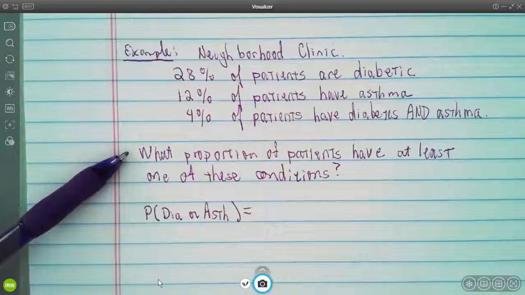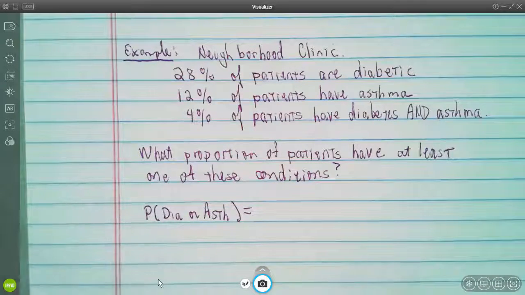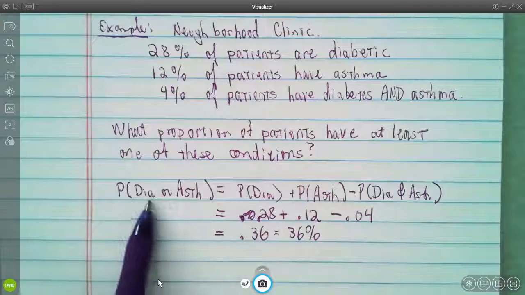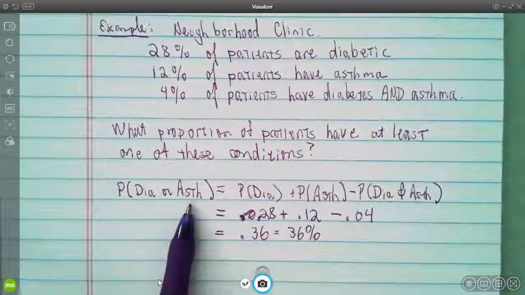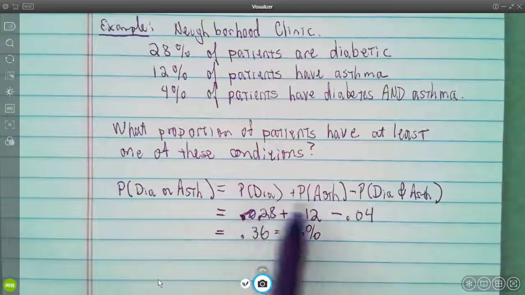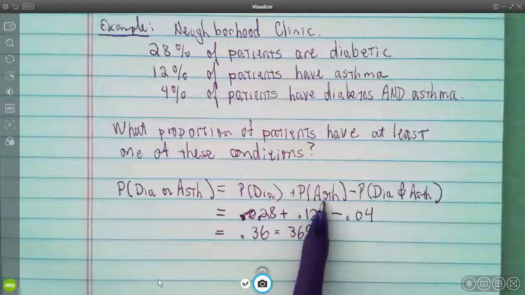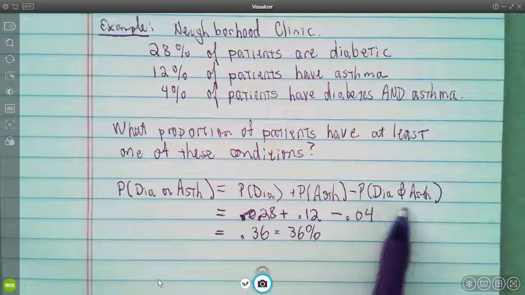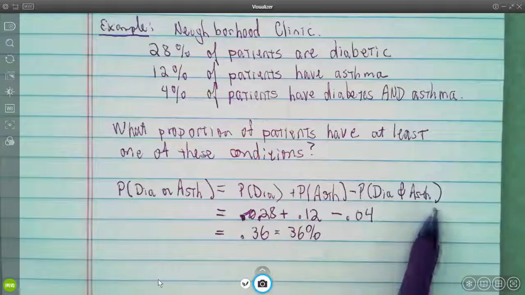Well, let's see two ways to solve that. One way would be with the addition formula. The probability that a patient selected at random has either diabetes or asthma is the probability that a patient selected at random has diabetes, plus the probability that they have asthma, minus the probability that they have both of these conditions.